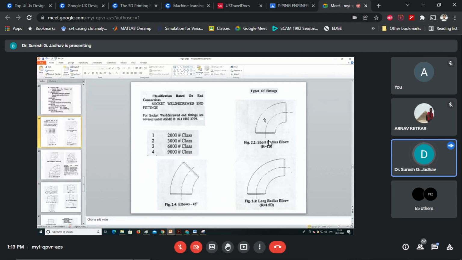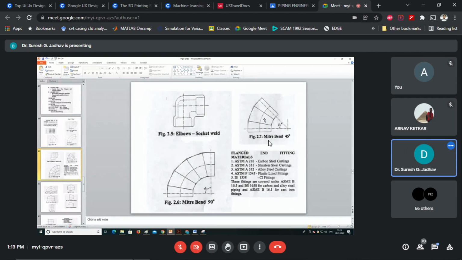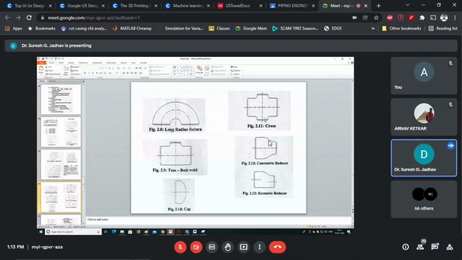Now here we see the classification of this fitting based on the pressure temperature rating, as the flanged fittings are fabricated from standard butt weld or socket welded fittings, or butt welds not covered under the standards. These material specifications are the same as for the castings. To consider kind of same materials.